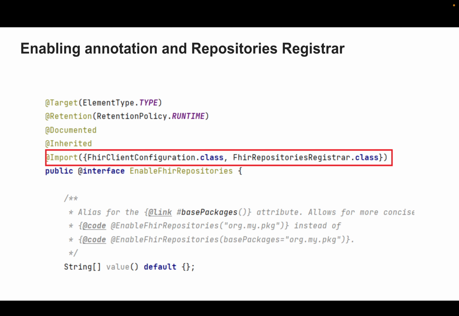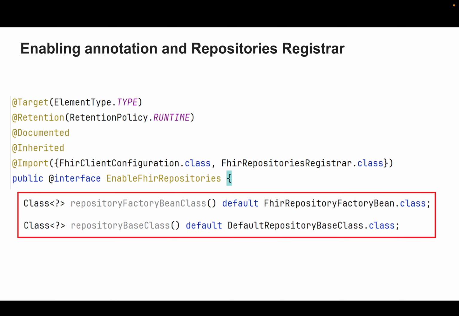Inside, we will import the default configuration and the FHIR repository registrar into the Spring context. Besides that, we will implement a few methods, repositoryFactoryBeanClass and repositoryBaseClass, where we specify the information about our repository factory bean and the default repository class. It can be the default repository base class from Spring Data Commons, or it can be our simple repository class.